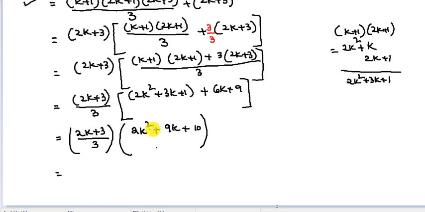So, let's see if we can factor it, okay? The way I would do that is 2k plus 3, by 3.